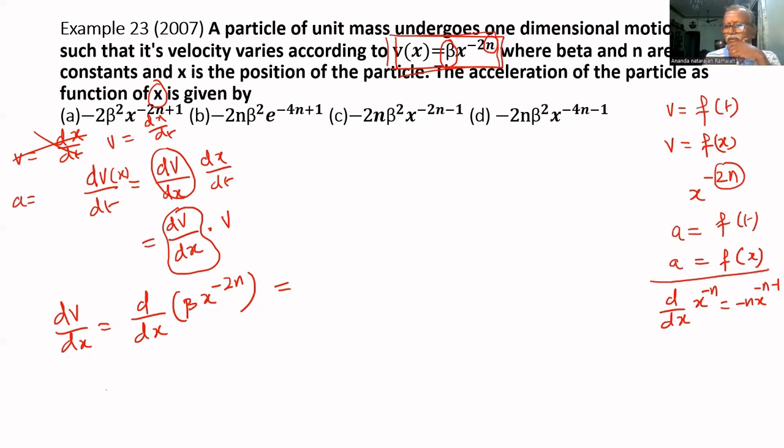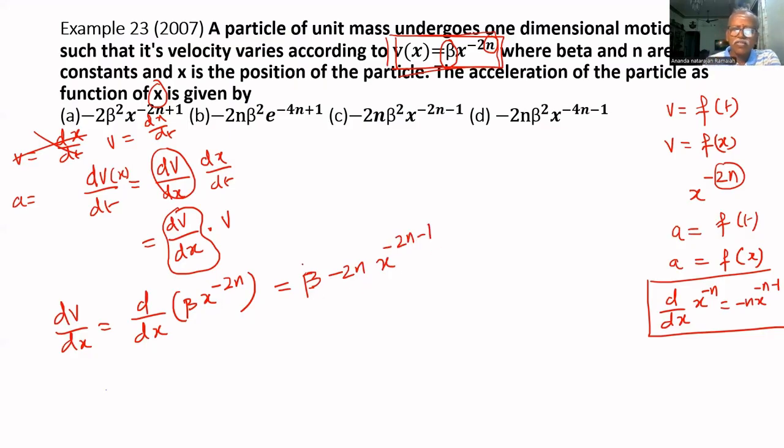This is the formula for differentiation. Beta is a constant, so we write it as such, and minus 2n x to the power minus 2n minus 1.